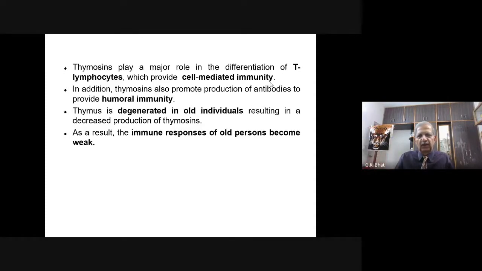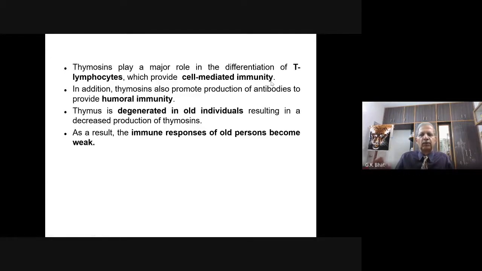T lymphocytes mature in the thymus, and B lymphocytes mature in the bone marrow itself, where they are produced. So thymosin plays a major role in the differentiation, that means the maturation, of T lymphocytes, which provide cell-mediated immunity.